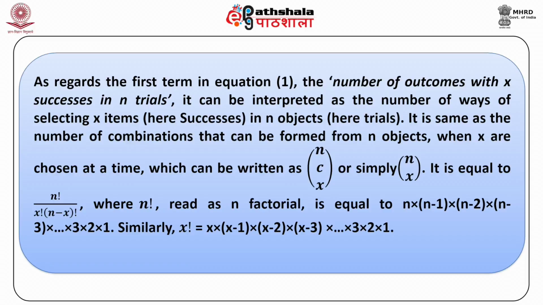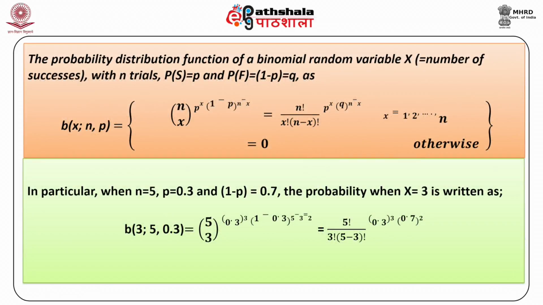So generalizing this, we can write the probability distribution function of a binomial random variable x, where x is the number of successes with n trials, probability of success equal to p and probability of failure equal to 1 minus p or q. It is b of x with n and p as the parameters, equal to nCx into p^x into 1 minus p raised to power n minus x.